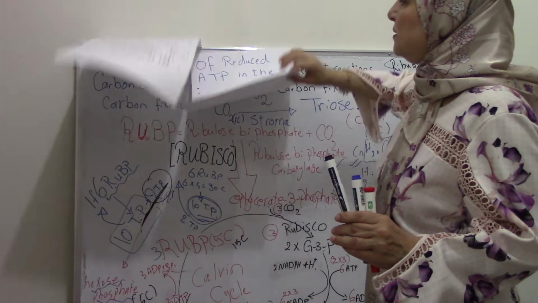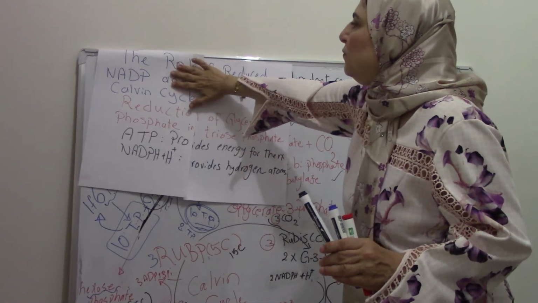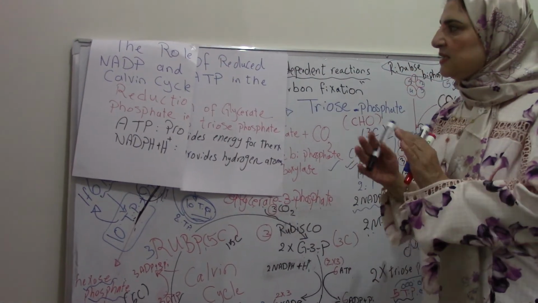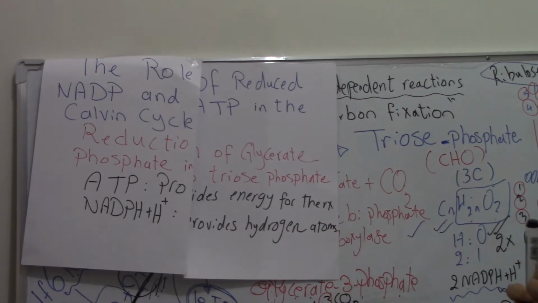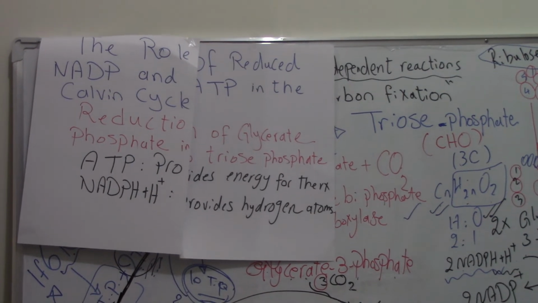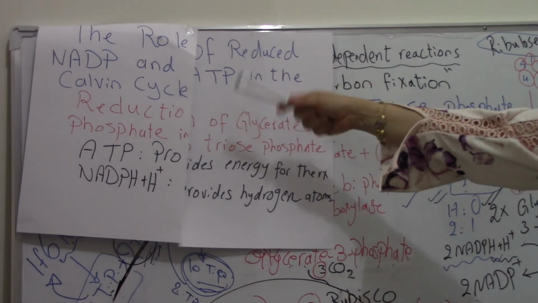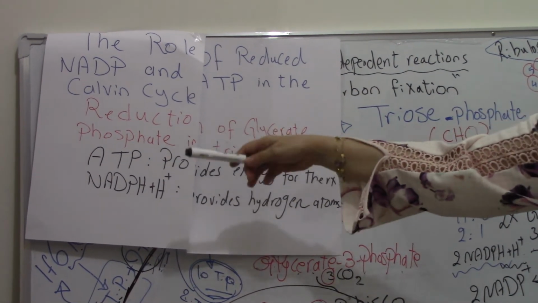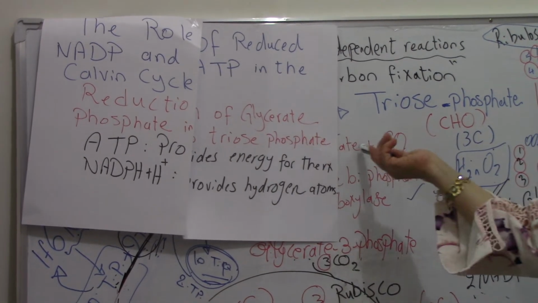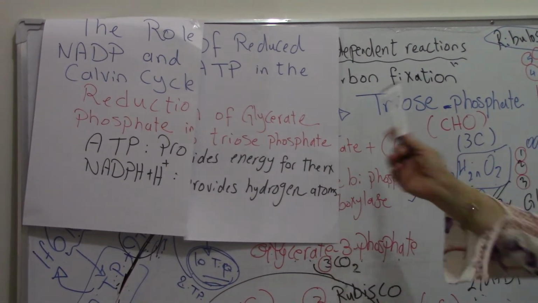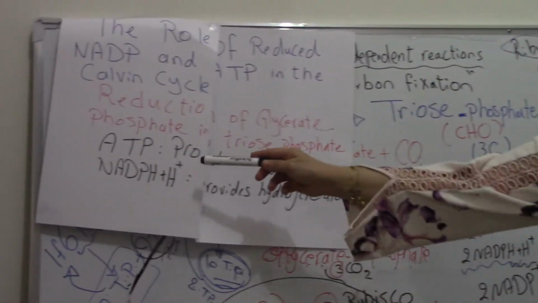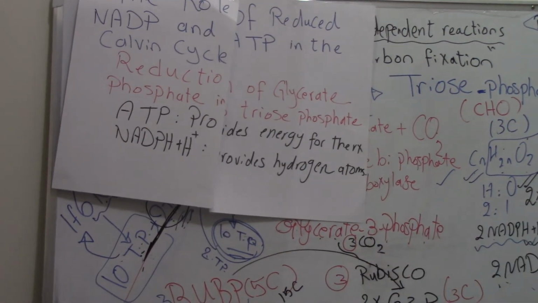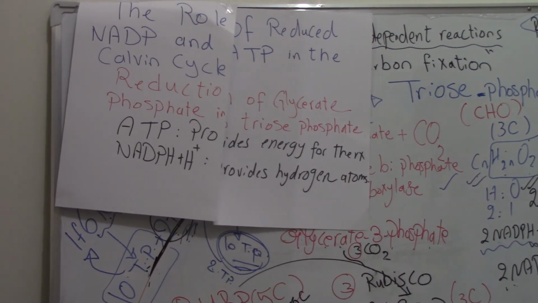Let's see this part. If we want to summarize the role of reduced NADP and ATP in the Calvin cycle, what can we say? Reduced NADP reduces glycerate 3-phosphate to form triose phosphate, while the ATP provides energy which is required for this reaction.